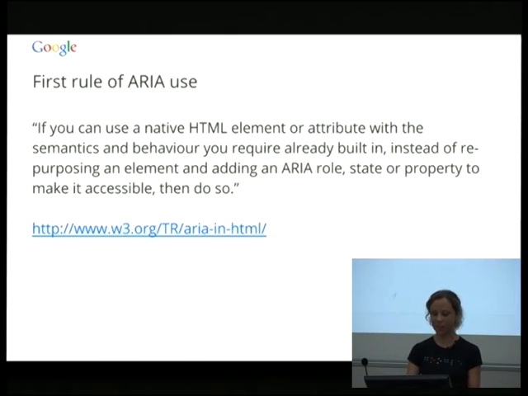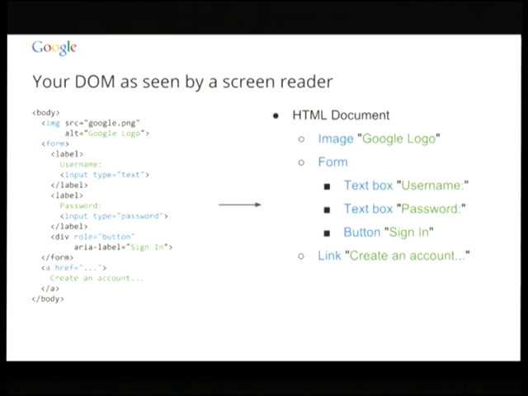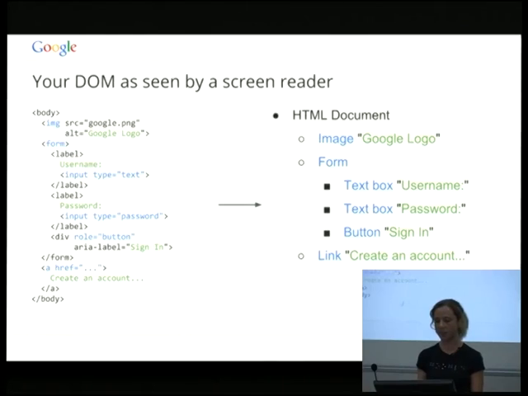It's pretty straightforward. So what ARIA is actually doing, when you take a document object model, that will be transformed by the browser into what we call the accessibility tree, which is basically like a simplified version with some extra metadata for the screen reader to say exactly what things are. So in this case, you can see we have a label and an input, and that gets translated into just an input with an associated text label.